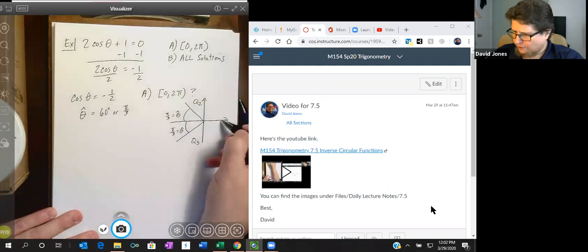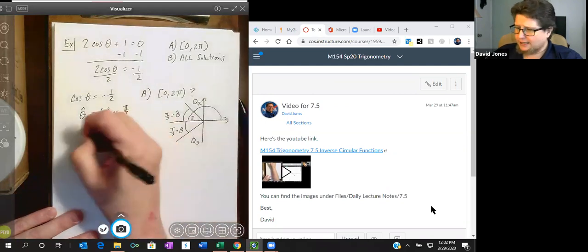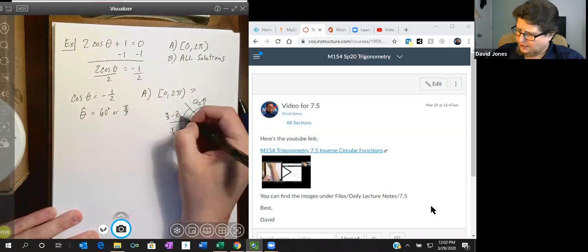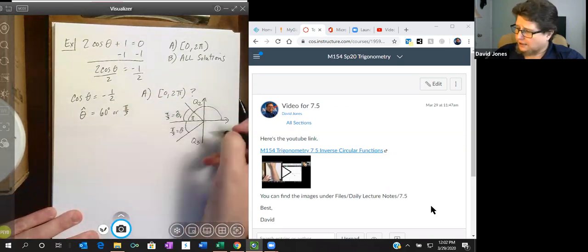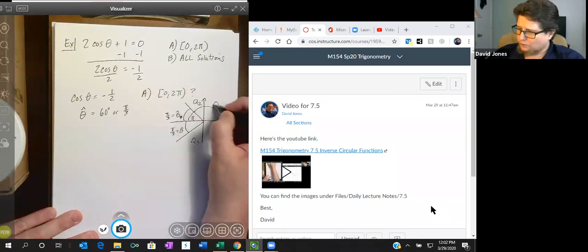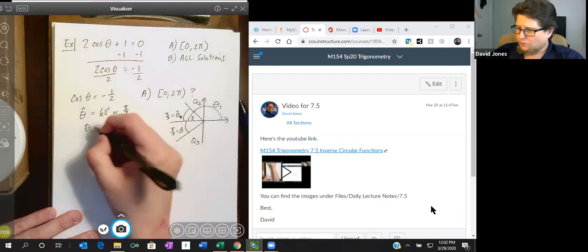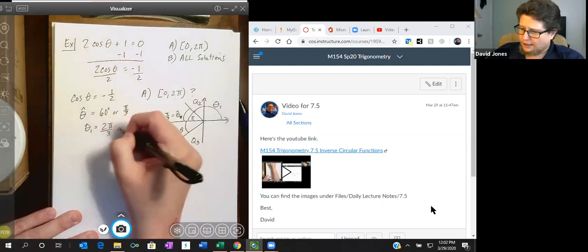So I know from 0 all the way down to here is pi. I subtract pi over 3. Let's call theta 1, or reference angle 1, that one. Theta 1 is 2 pi over 3, or 120 degrees.